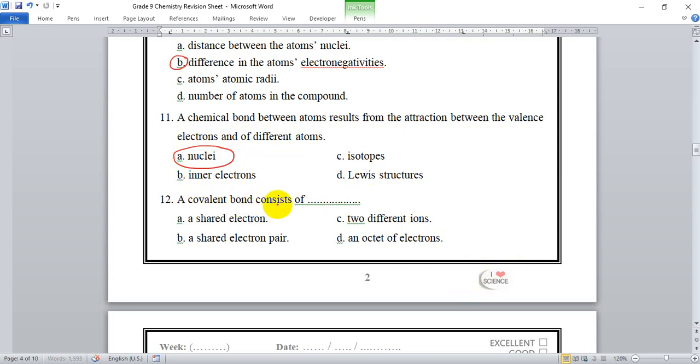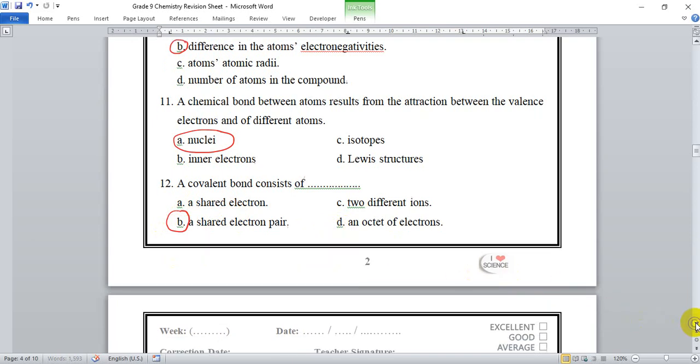A covalent bond consists of a shared electron pair, two different ions, or an octet of electrons. A covalent bond consists of a shared electron pair, not one electron, a shared pair, at least two electrons.